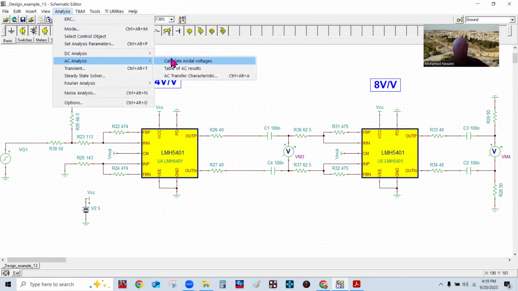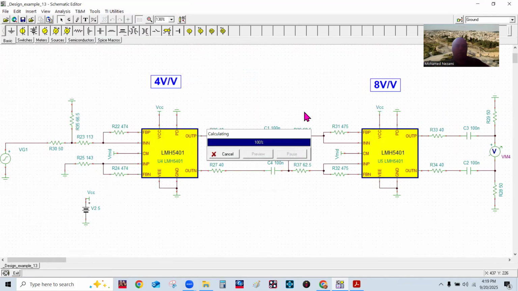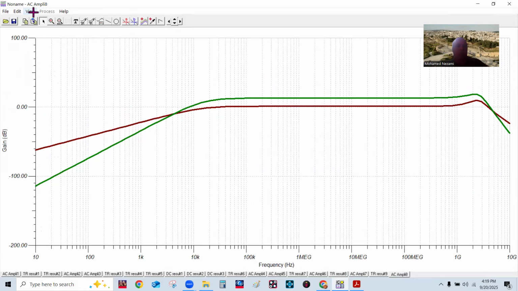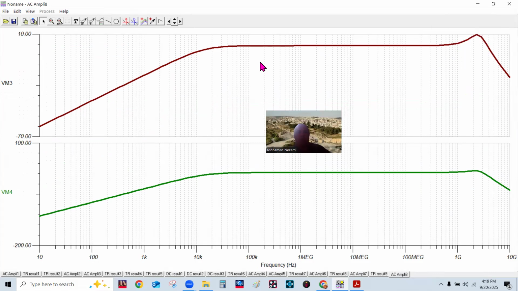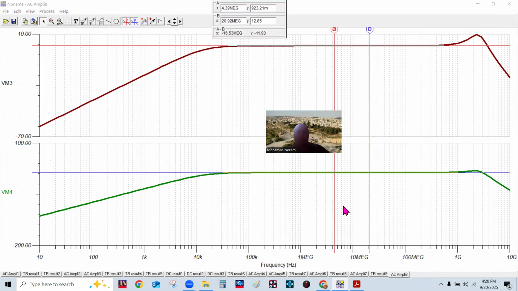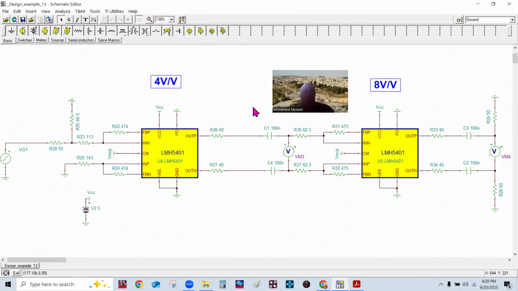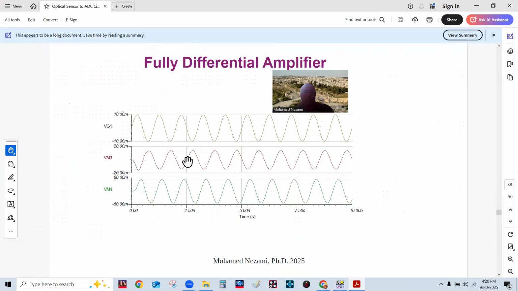So if we go to the AC transfer function, wow, we get a very wide band response. And this is the gain from each stage. Here's one, and then here's the second one. That's nice.